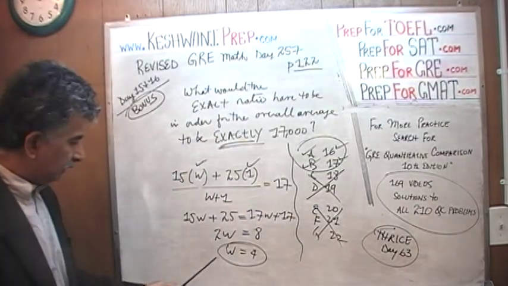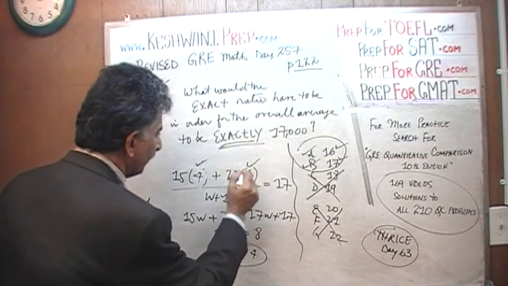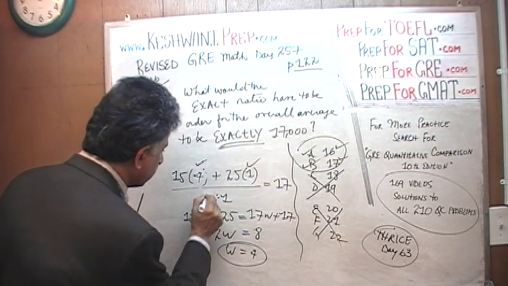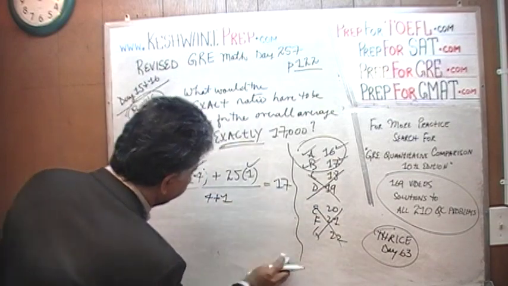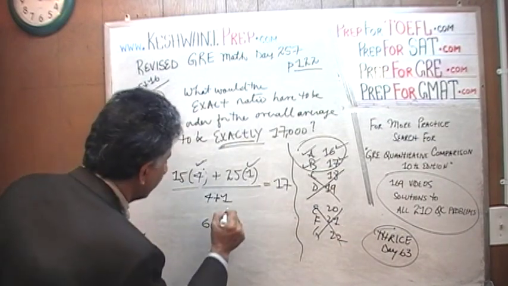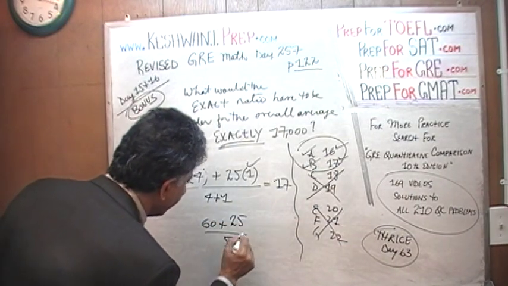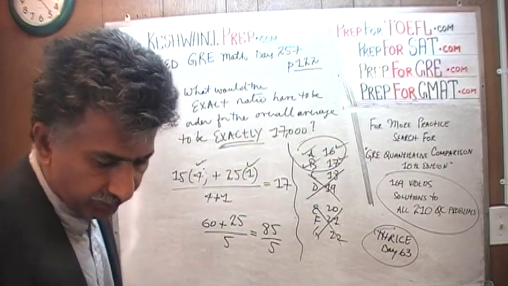Let's verify, shall we? We're going to substitute 4 in here for W. So 4 plus 1 is 5. And that average has to be 17,000. Let's see if it is. 15 times 4 is 60. Plus a 25 over 5. And this gives us 85 over 5. And how much is 85 divided by 5?